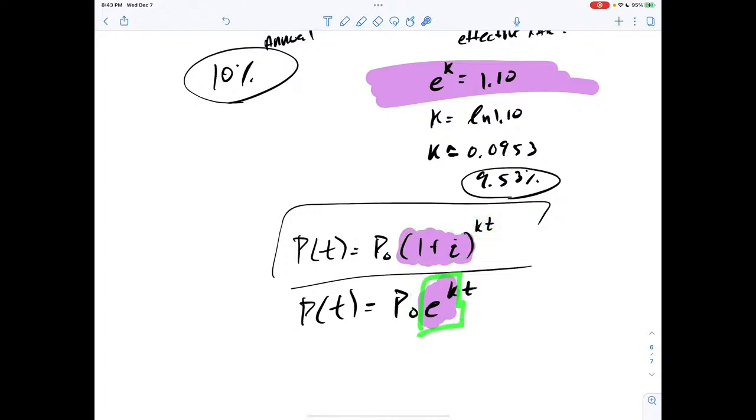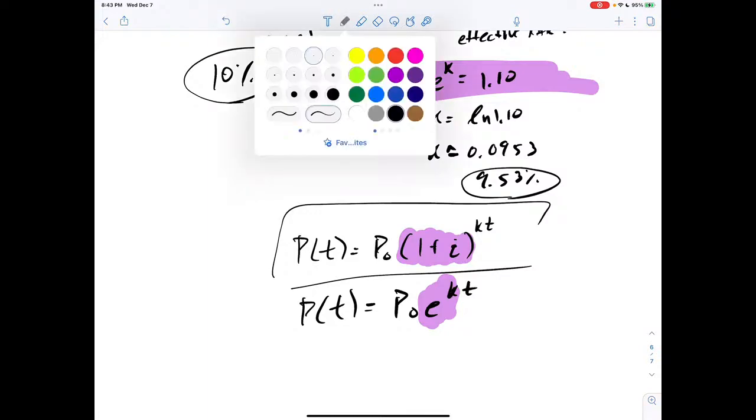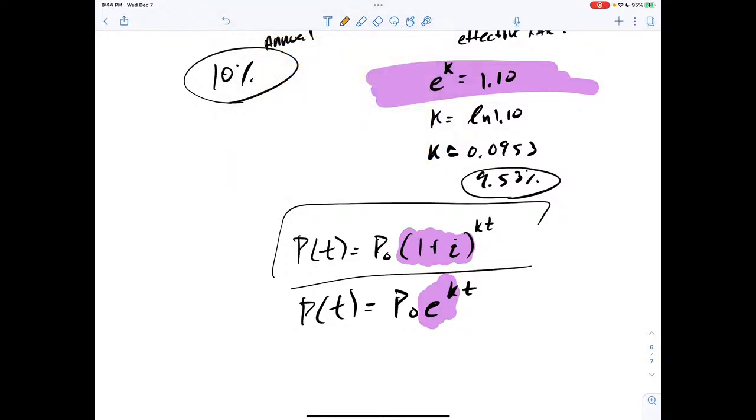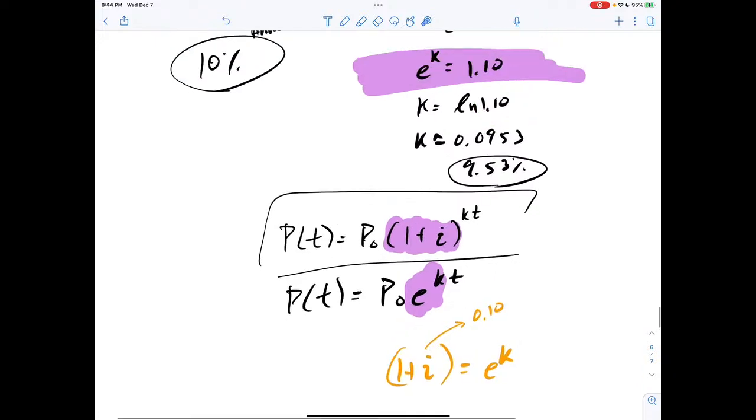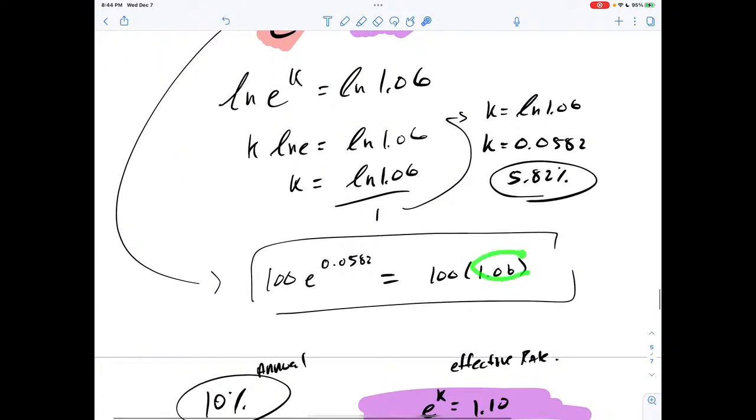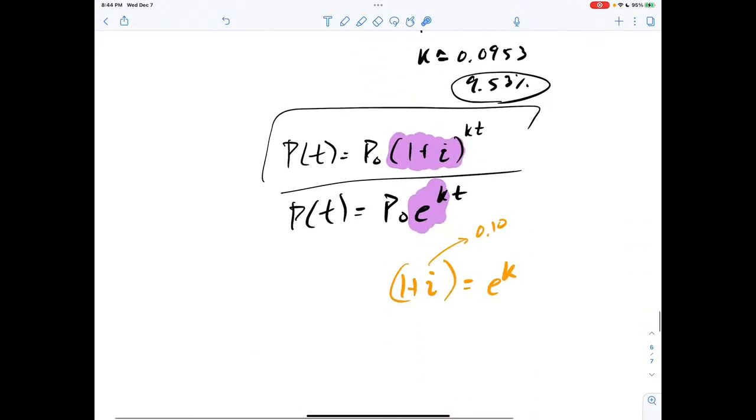But you're equating your bases, and you're saying, for what value of k are the bases the same? So what you're really doing is taking 1 plus i and setting it equal to e to the k. My i value originally was just 0.10, so 1 plus 0.1 gave me the 1.10. And previously it was 6%, so it was 1 plus 0.06, which gave me the 1.06. Have I cleared that up?